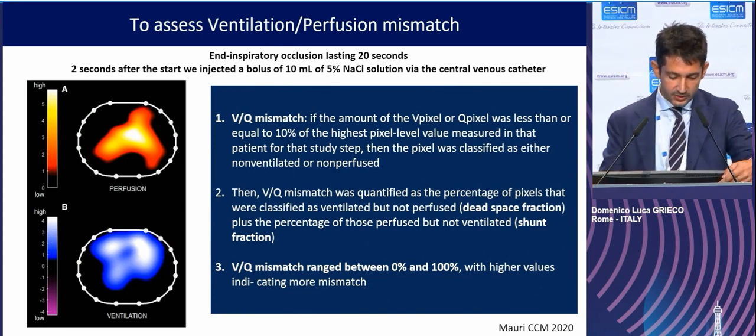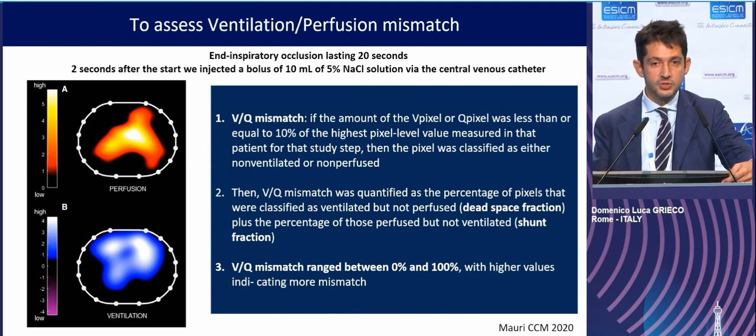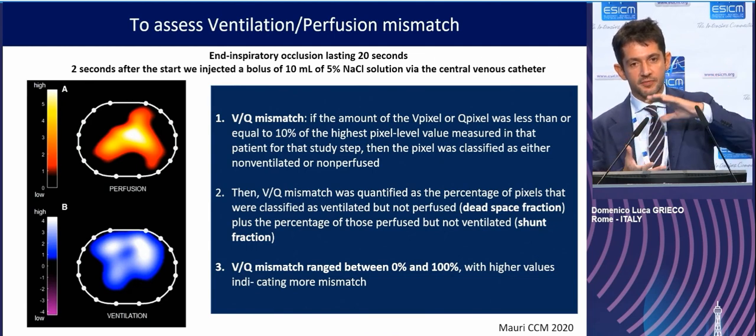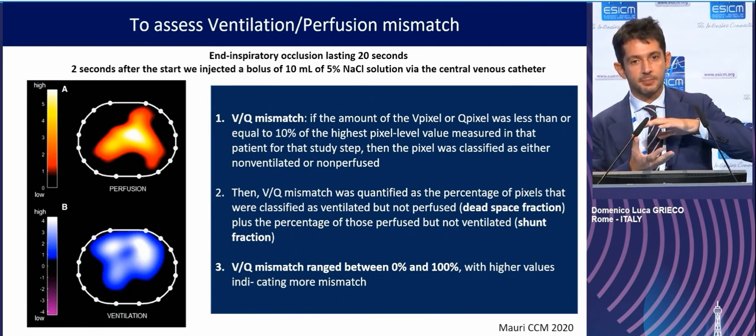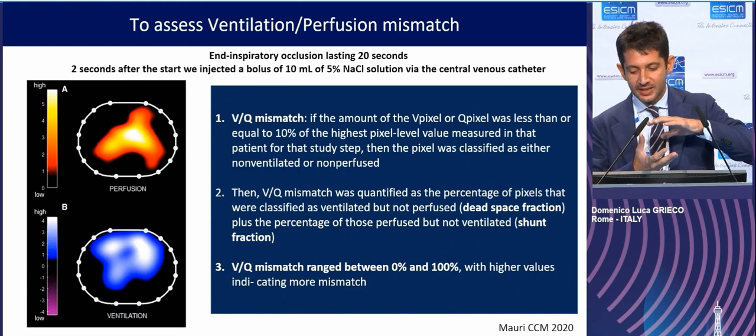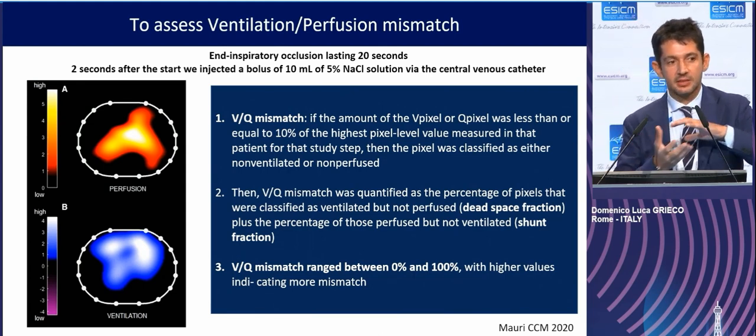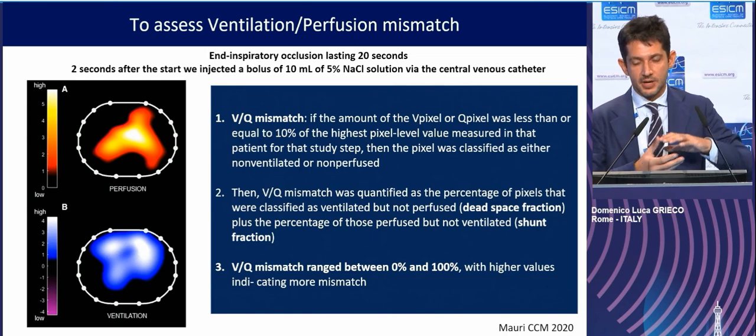And as you can see on the left, you can reconstruct the map of perfusion that, once overlapped to those of ventilation obtained in the breaths before, can provide essentially a balance between ventilation and perfusion and information related to the amount of shunt and dead space that are present in the lungs.